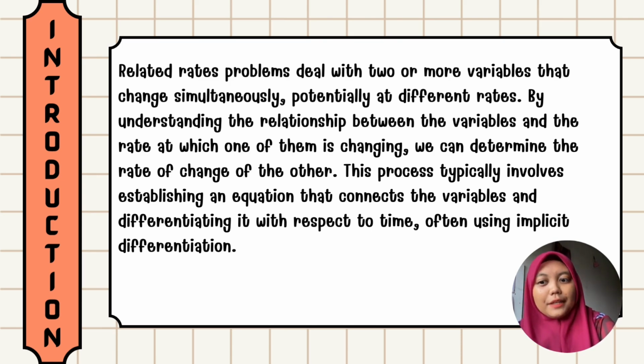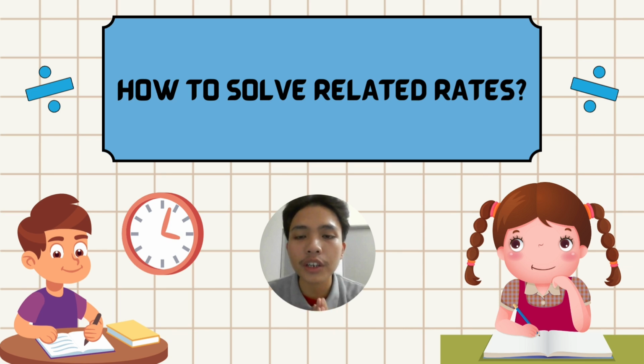This process typically involves establishing an equation that connects the variables and differentiating it with respect to time, often using implicit differentiation. And now we can go to how to solve related rates.